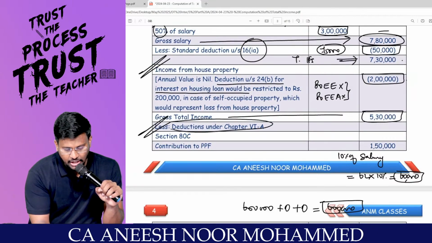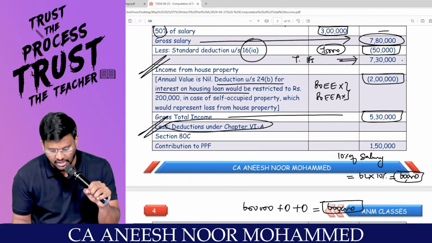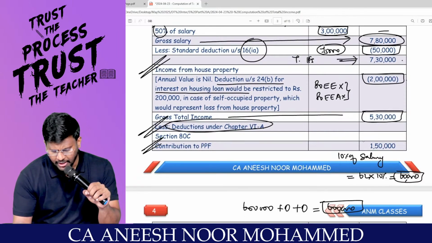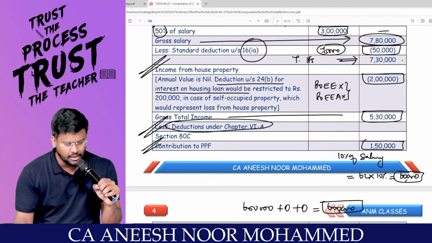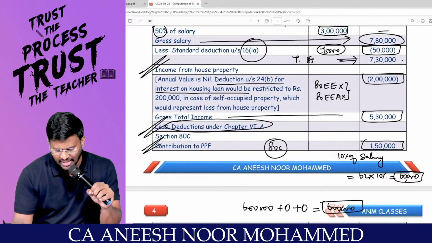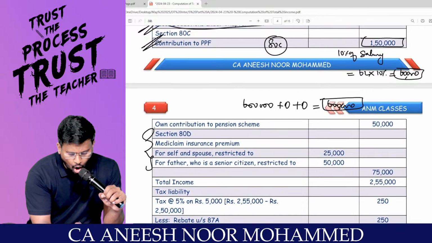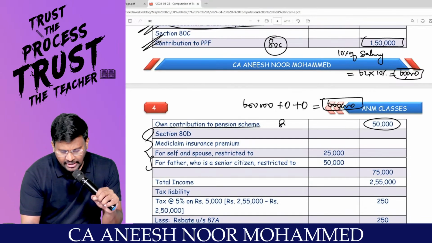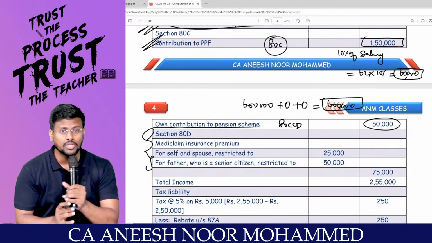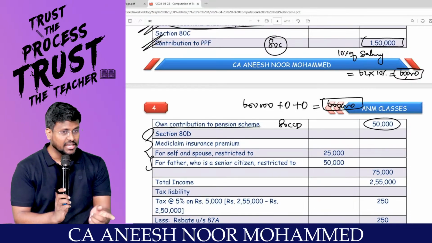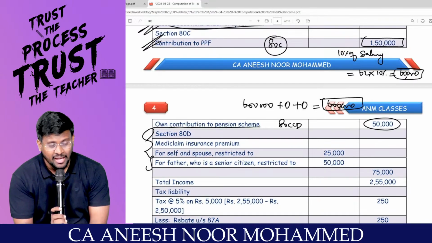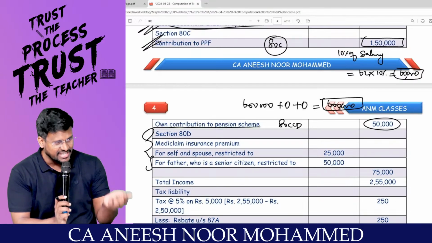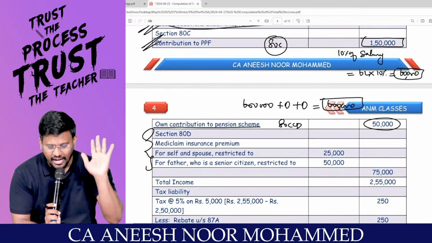Sir, deduction under what? Chapter 6A. Deduction under? Contribution to PPF is 1,50,000, right? It can be claimed as deduction under 80C. And our own contribution to pension scheme. Sir, 80CCD. We know the mathematical formula. 80C plus 80CCC plus 80CCD subsection 1 is equal to 80CCE is equal to 1,50,000.